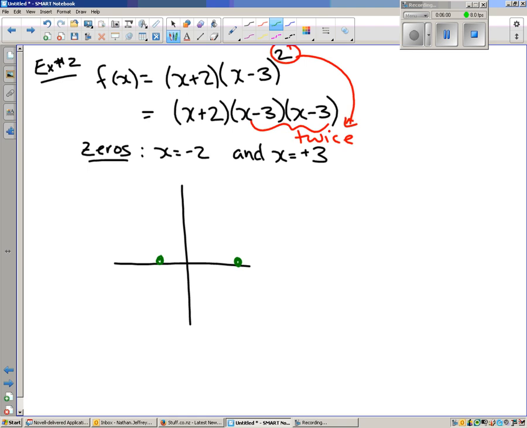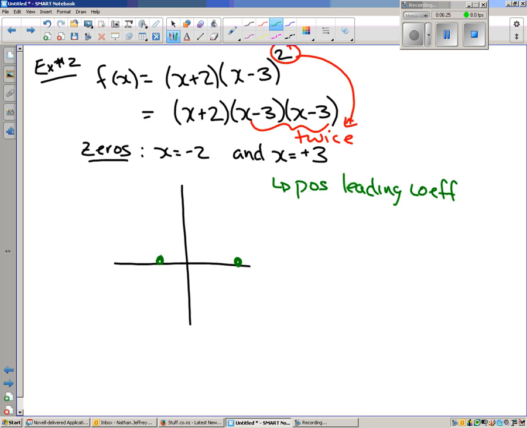Okay, so we have positive coefficients. So what's that going to give us? Yeah, so all of our coefficients are positive, which means we're going to have a positive leading coefficient. And what is the degree of our polynomial?